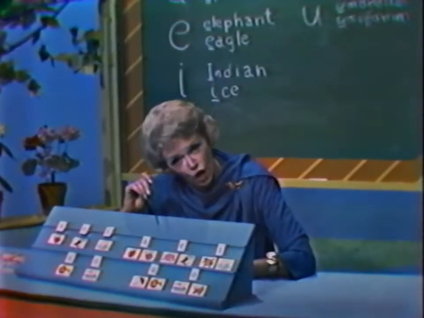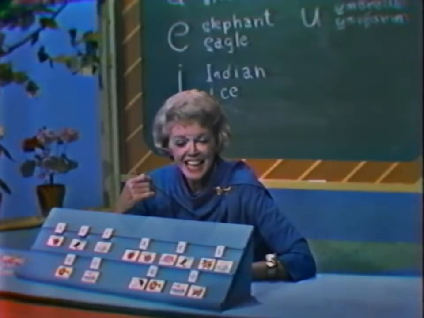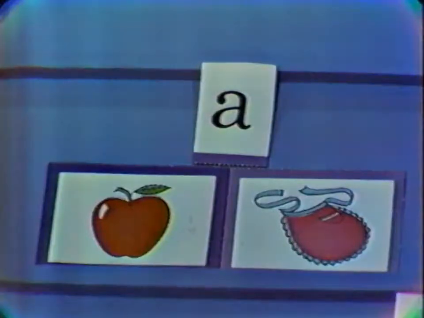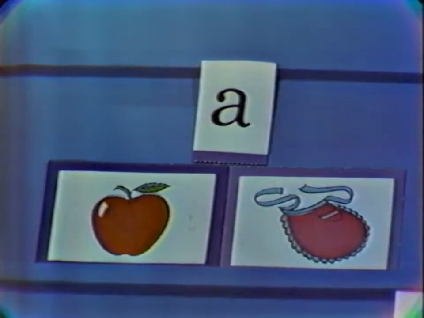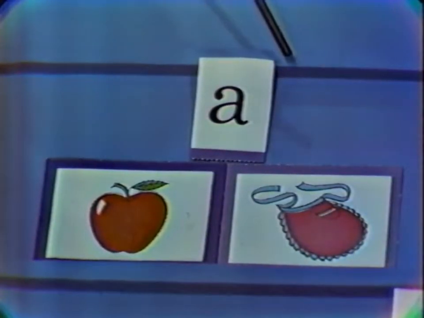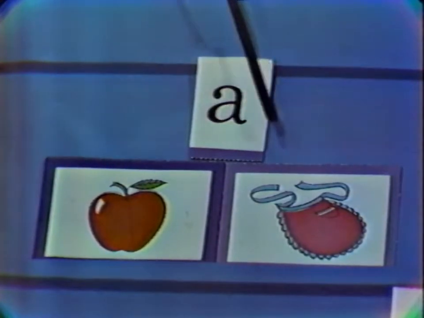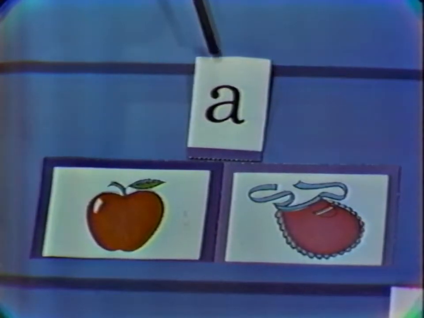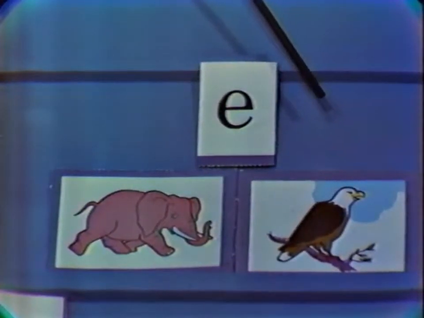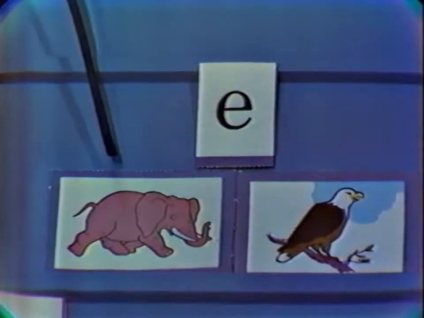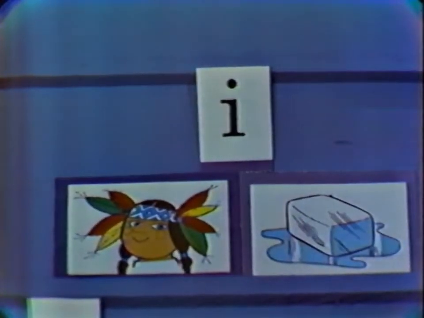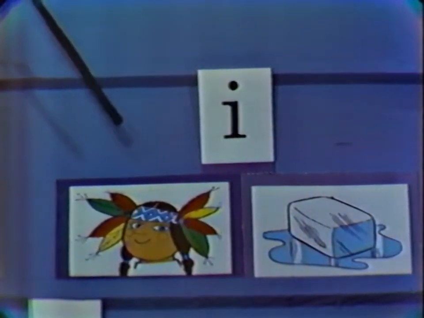The vowel may be short, or say its own name. Whatever the sound, the letter's the same. In apple and apron, what do you say? A. Apple and apron begin with an A. In elephant and eagle, what do you see? E. Elephant and eagle begin with an E. In Indian and ice, what do you try?